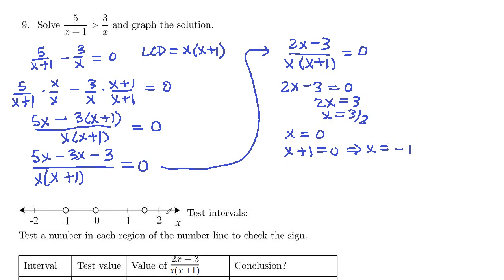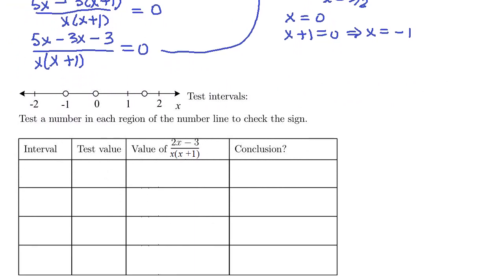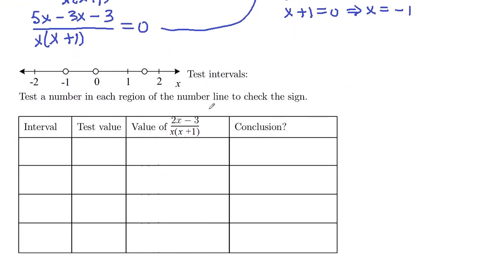So here's our number line. I've marked negative 1, 0, and 3 halves with open circles because this is a strict inequality. So the places where it equals 0 are not going to be part of the solution. And so from that, our test intervals are this piece over here, less than negative 1, so that would be negative infinity to negative 1.